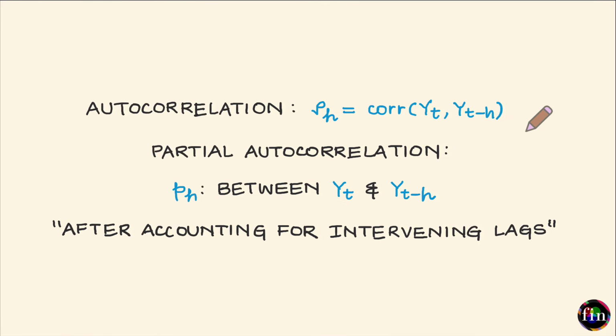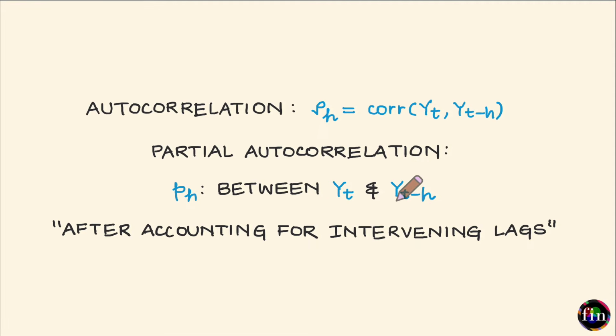If for lag h, autocorrelation is the correlation between yt and yt minus h, partial autocorrelation is the correlation between yt and yt minus h after accounting for the intervening lags sitting in between, that is yt minus 1, yt minus 2, yt minus 3, all the way till yt minus h plus 1.